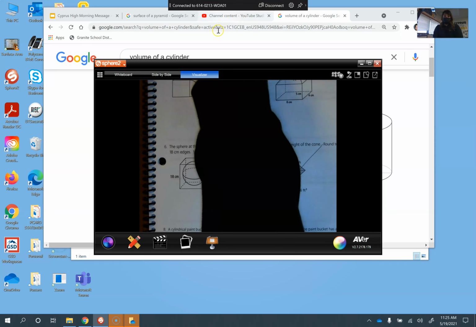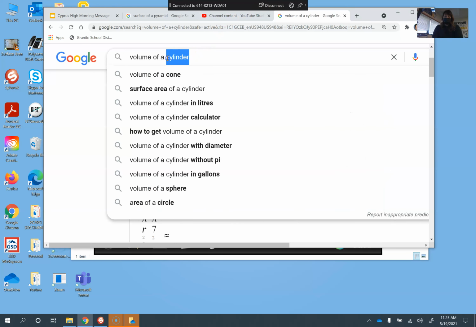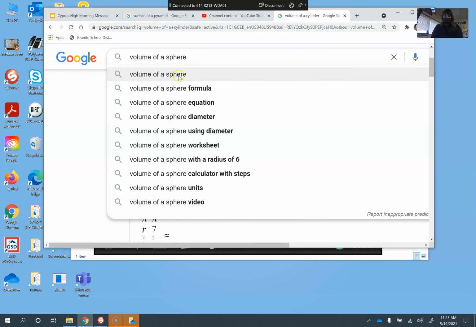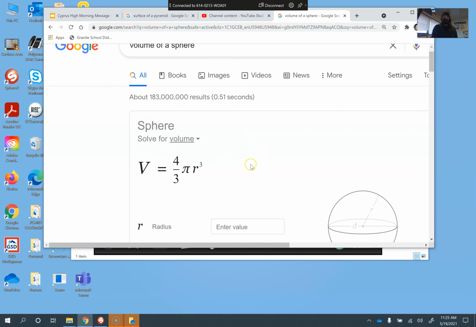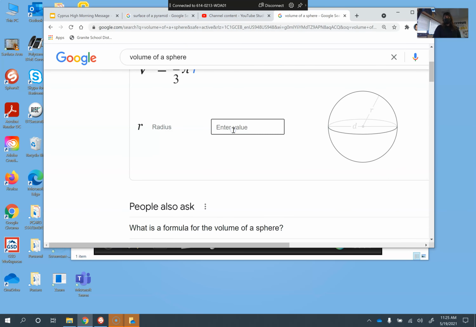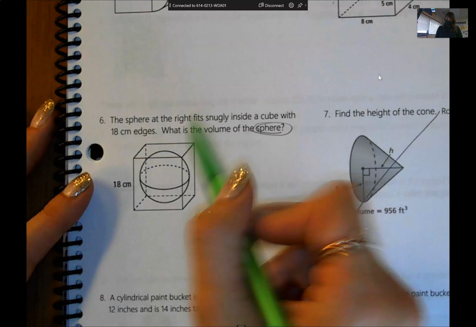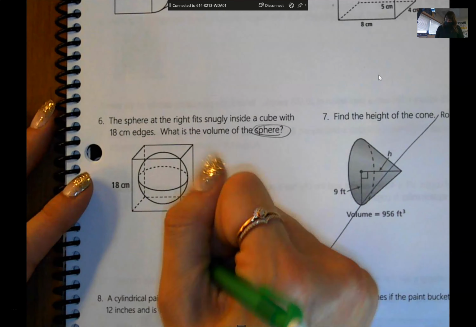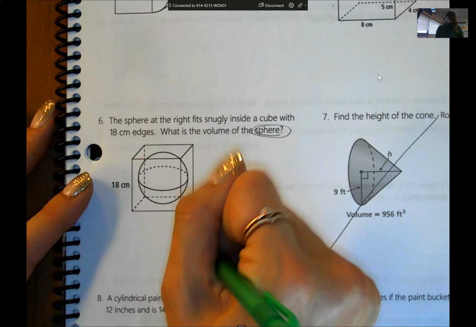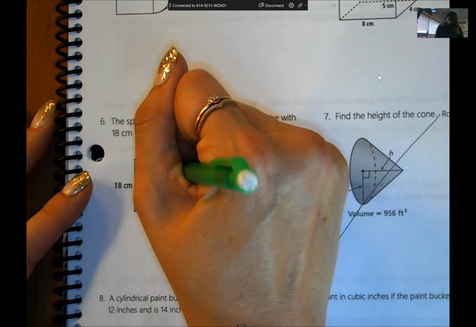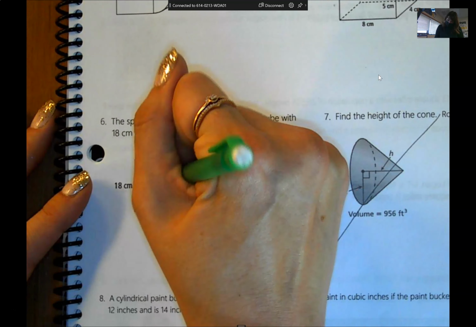If I go to Google and type in volume of a sphere, the only info that it wants from me is the radius of the sphere. So this is similar to the last problem. Because this sphere fits perfectly in the glass cube, our diameter of the sphere is 18.